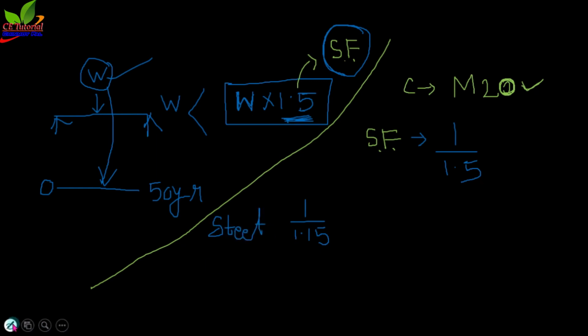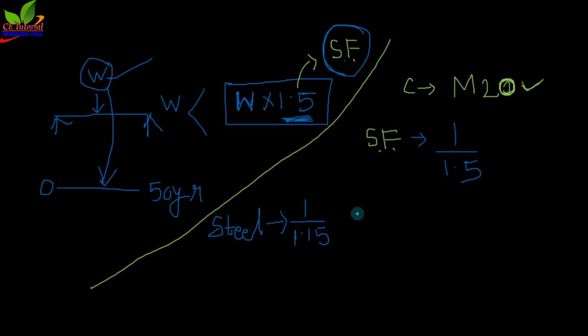So for steel it is 1 by 1.15 and for concrete it is 1 by 1.5.